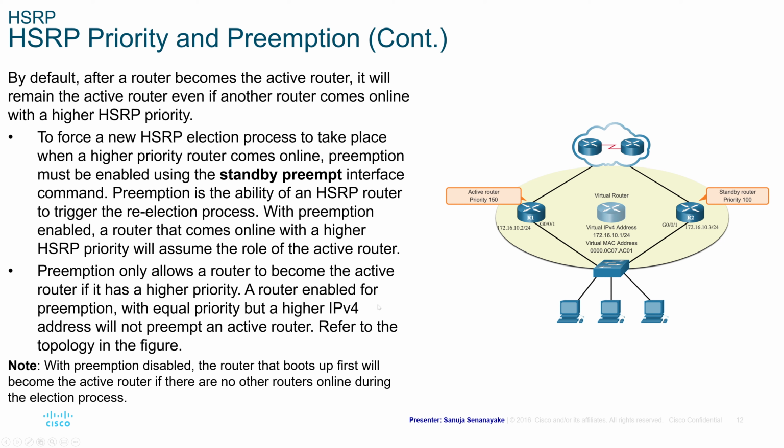A router enabled for preemption with equal priority but a higher IPv4 address will not preempt an active router. So that's another key feature that you should remember for your exam. They might ask you that question, because I got that question, I remember. On the CCNA and CCNP exams, they will give you routers with equal priorities, but one of the routers is already active and both of them have standby preempt. They will ask you, if you add this router to this pool of routers, what's going to happen?